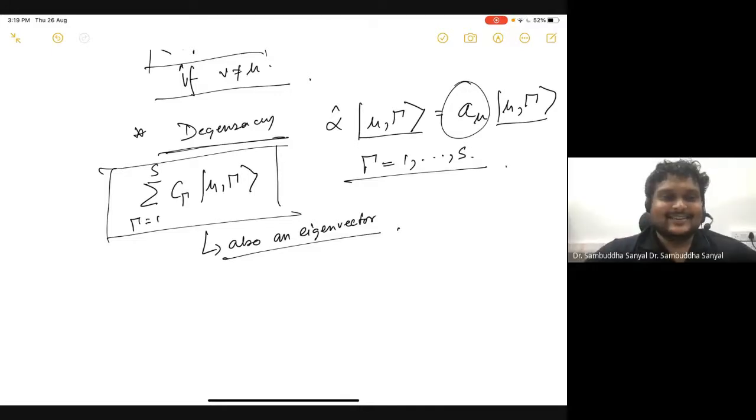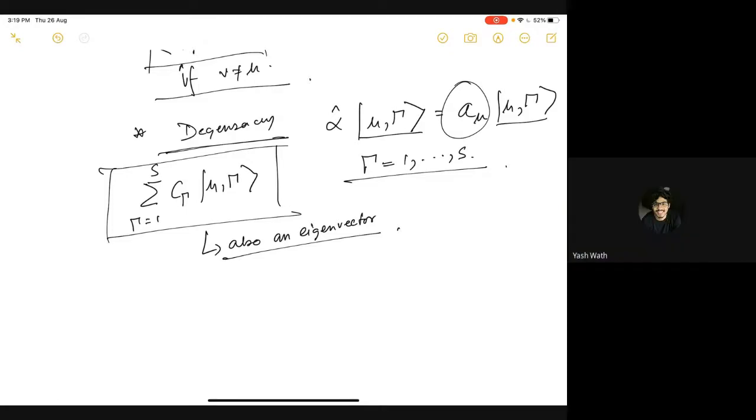Okay. Yash, can you explain? When the common eigenvalue comes, you can take it common from all of them. Suppose you write a linear combination and then you apply the operator, you will get the same coefficient for each of them, and that can be taken common.